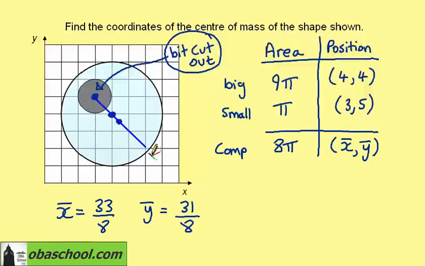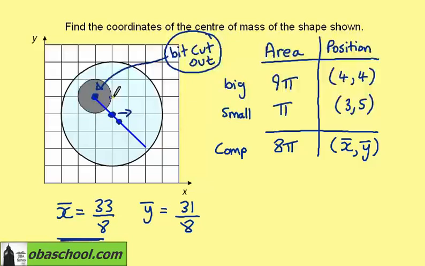If we also consider the position further, we can see that from the original position of x, which is 33/8, we've moved to the right, and that is because of the part cut out. If you divide the large circle into two halves, the composite shape now has more mass in the right half, since there's mass removed from the left half.